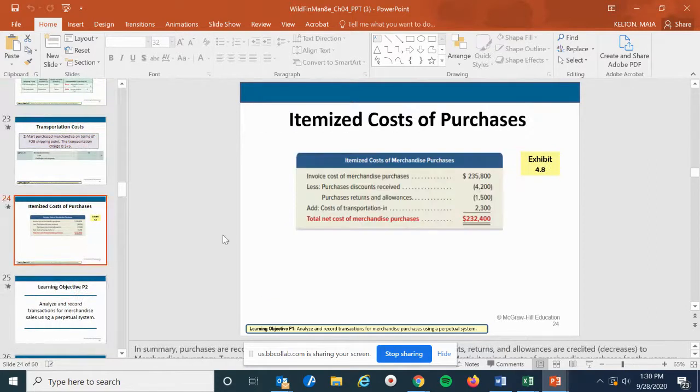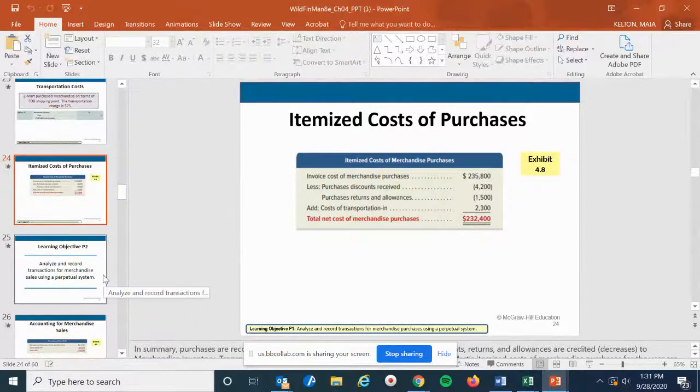So this is the first step of that accounting cycle that we looked at the beginning of the lecture. We now know how to account for purchases of inventory. Eventually, though, the merchandiser would sell that inventory to their customers.